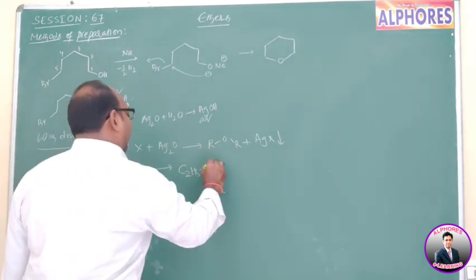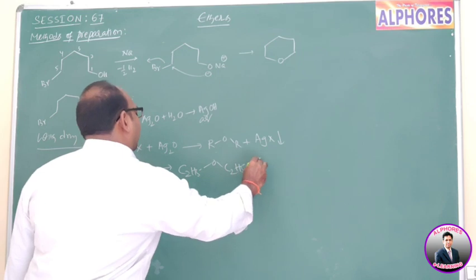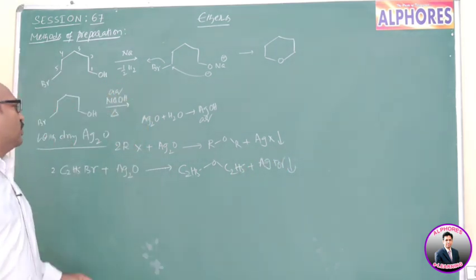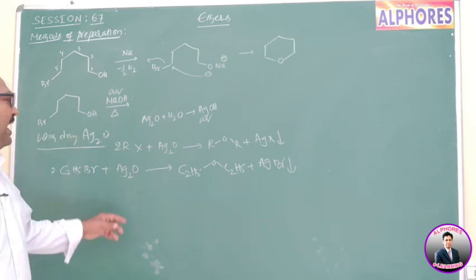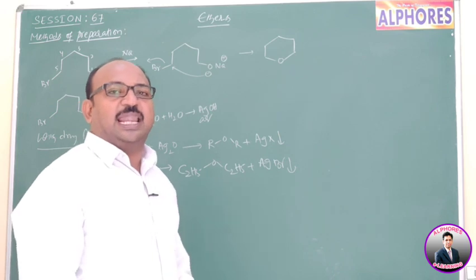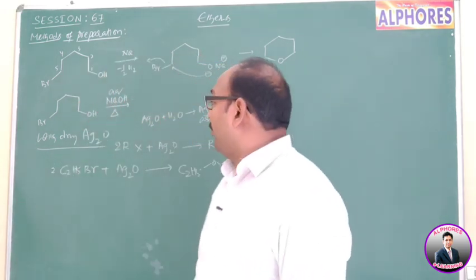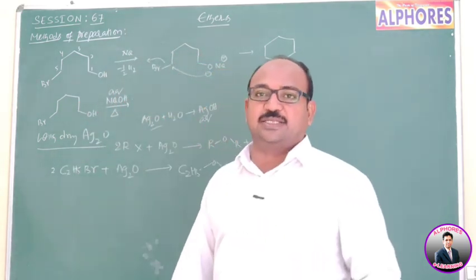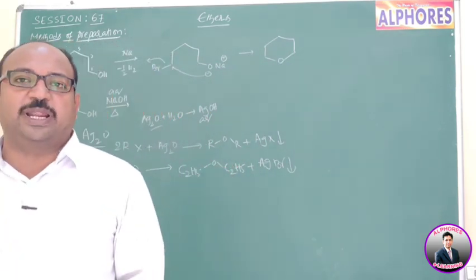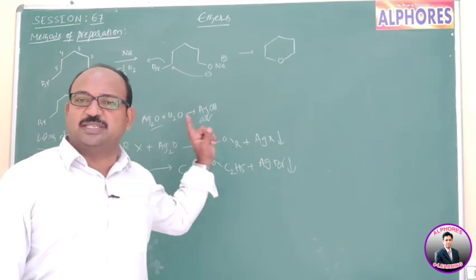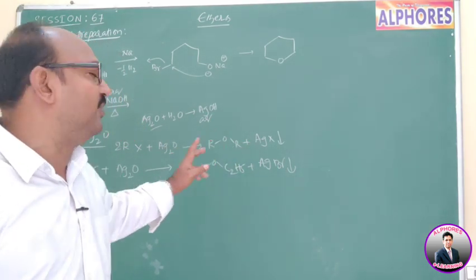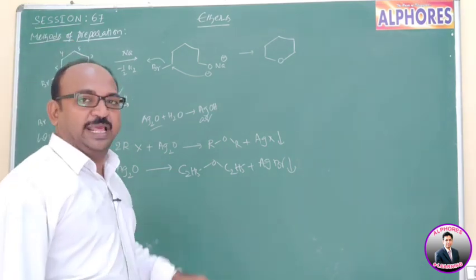Then we are getting diethyl ether as a product along with AgBr. So with dry silver oxide, alkyl halide gives ethers, and with moist silver oxide, it gives only the substitution product. That means X will be replaced by OH minus, none other than that.